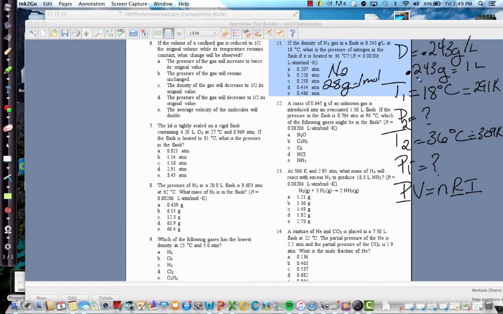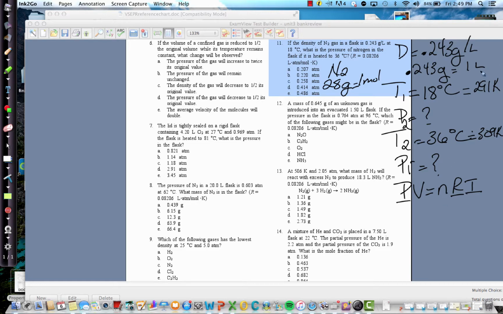So I'm going to use my density, because it gives me a volume and also an amount of gas. If I said that I have 1 liter of gas, I would have 0.243 grams of that gas. I'm going to use this information to plug in for V and N.